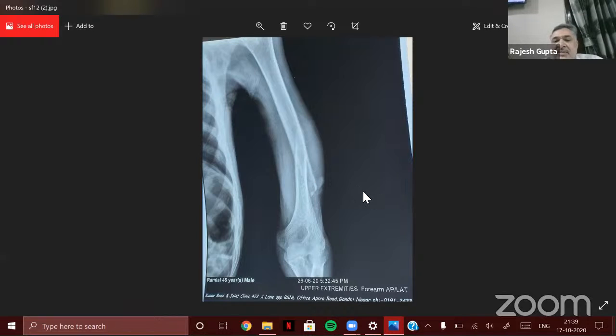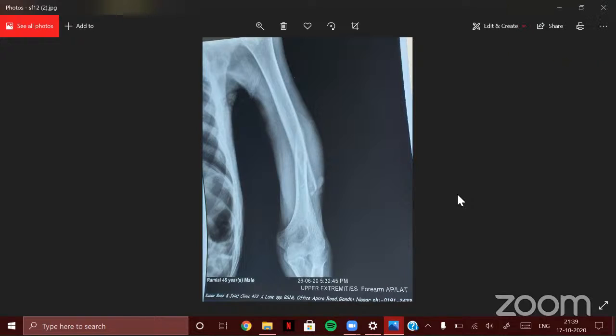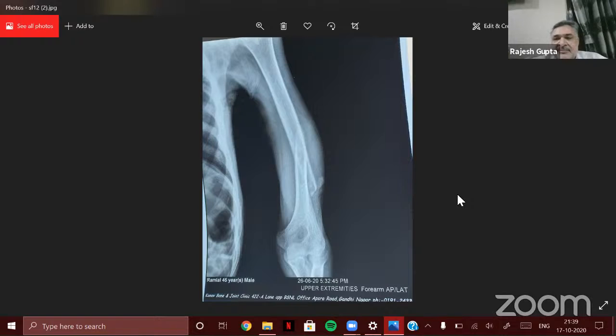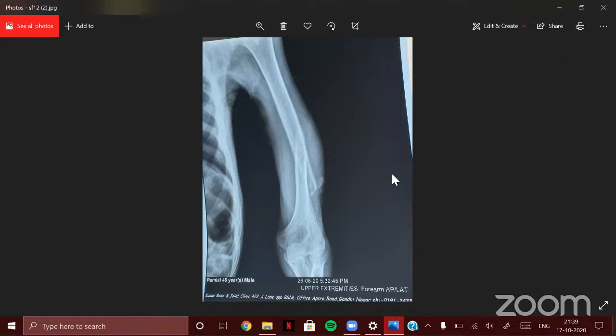Now, what are the different options at this moment? Anybody? Dr. Manish? Yes, sir. So what is the age? Age is 45. And there is an infected wound? Infected wound and bone just protruding out.